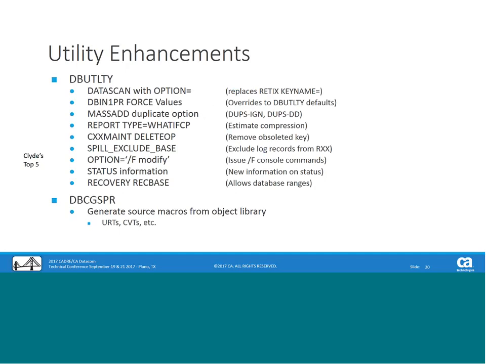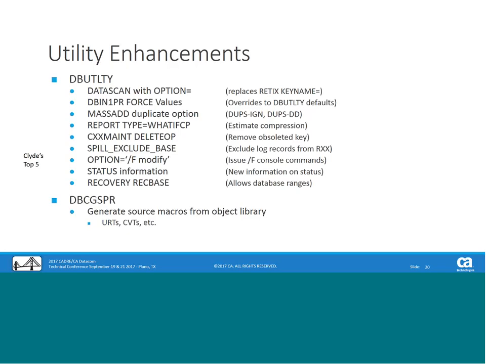We also have a new functionality called CGSPR that gives you the capability to generate, regenerate URTs and CVTs and other Datacom macros from the load object. This is a really cool utility written by Eric Johnson of our development staff here, and it really is helpful.